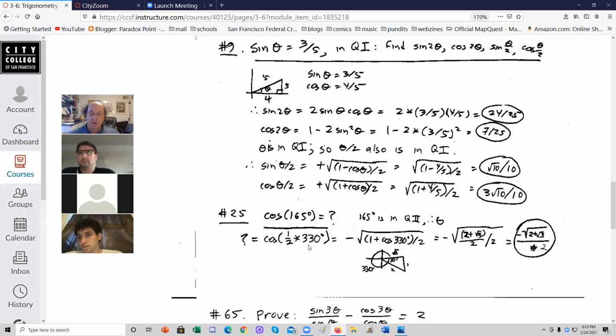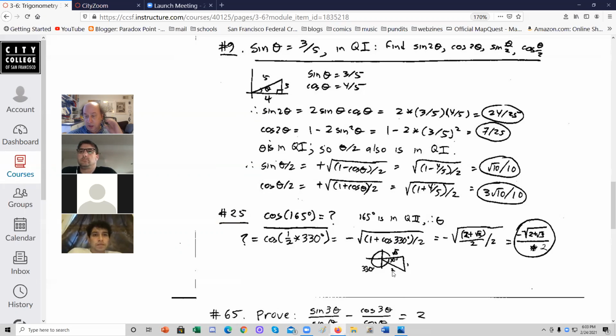Okay, cosine of a half of 330 will be negative, since that's the second quadrant. Minus root of 1 plus cosine 330 over 2. All right, for 330 degrees, that's 30 degrees short of a full rotation. So we have a 30-60-90 triangle here, a 1 here, a root 3 here, a 2 here.